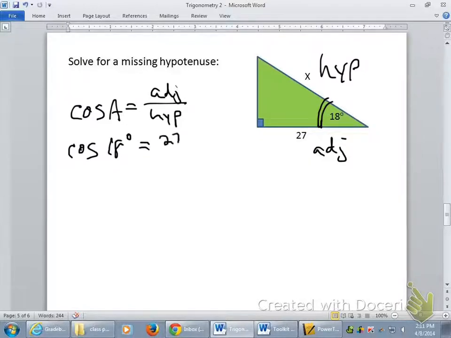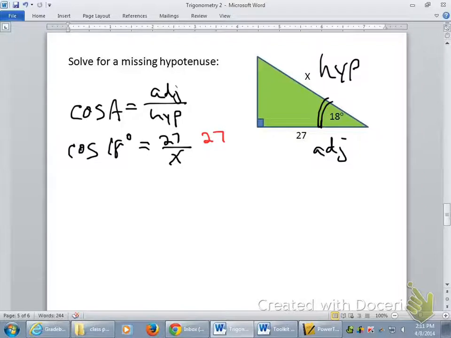Cosine of 18 degrees equals 27 over x. Now on the last problem, the x was in the numerator, and I got rid of the denominator. How can I get x by itself here? Multiply by 27? Well, that won't do it. If I multiply by 27, then that would be 27 times 27. That doesn't go away.